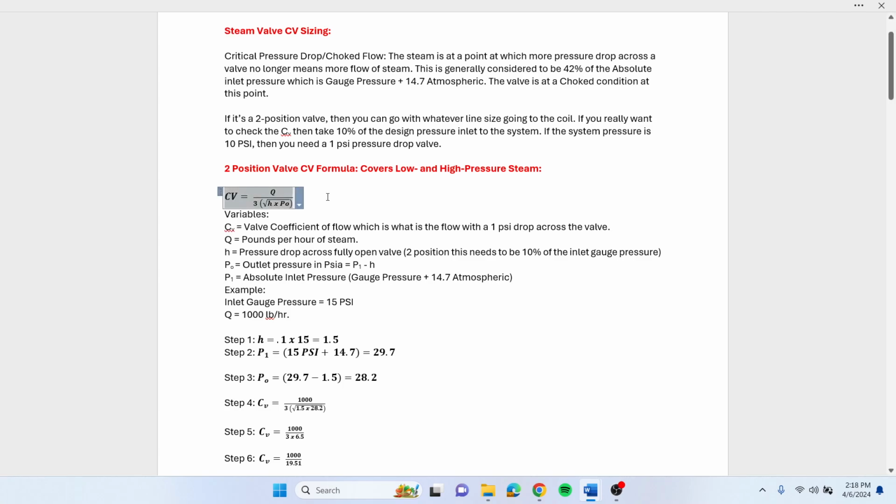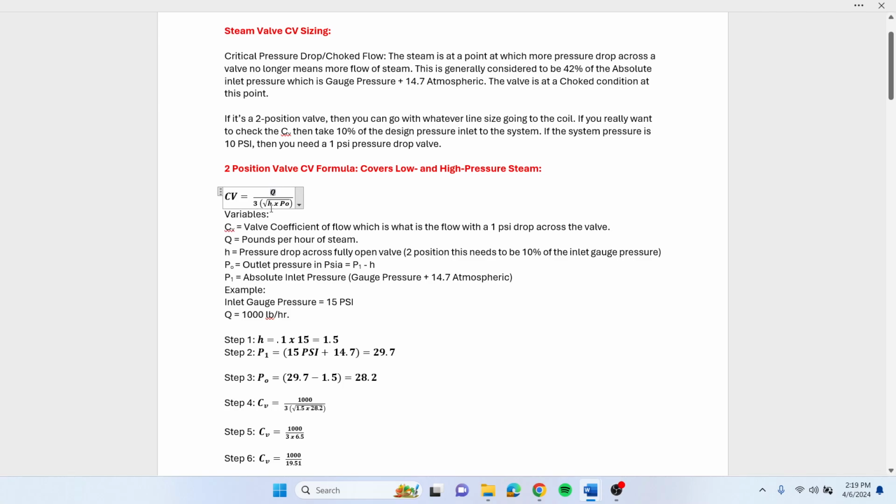So this is the formula they could be using in the background. CV is how much flow am I getting across that valve body at a 1 psi pressure drop. Q is quantity in pounds of steam per hour. 3 times the square root of H times PO.